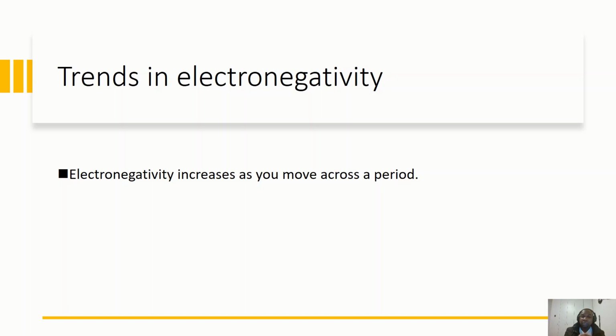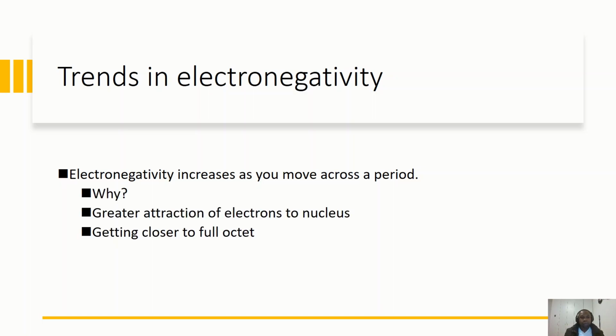And the more positive charge you have, the better attraction you're going to have, because unlike charges attract. So the positive nucleus wants to attract the negative. Any electron that it sees, it wants to attract. And that's why electronegativity increases as you move from left to right on the periodic table. They are getting closer to the octet, they have more protons, and they can easily attract electrons.